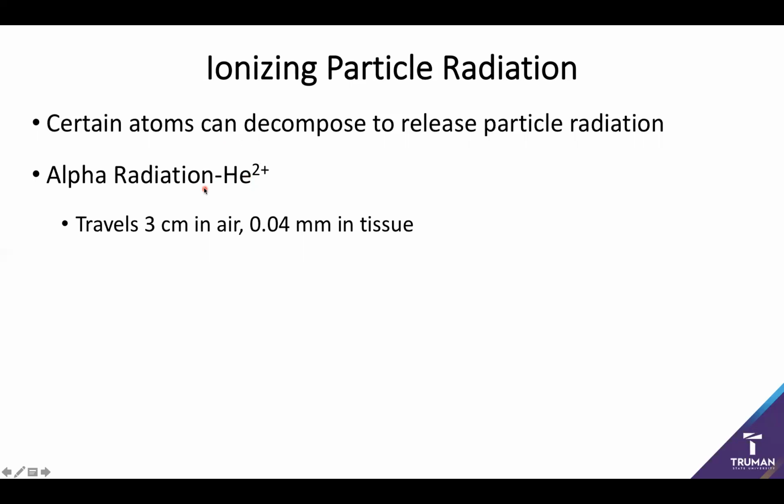This one doesn't typically travel that far, typically about 3 centimeters in air or about 0.04 millimeters in biological tissue. And the reason it doesn't travel that far is it's pretty much going to either, if it has high enough energy, combine with another nucleus, or simply steal 2 electrons and become fairly safe helium.